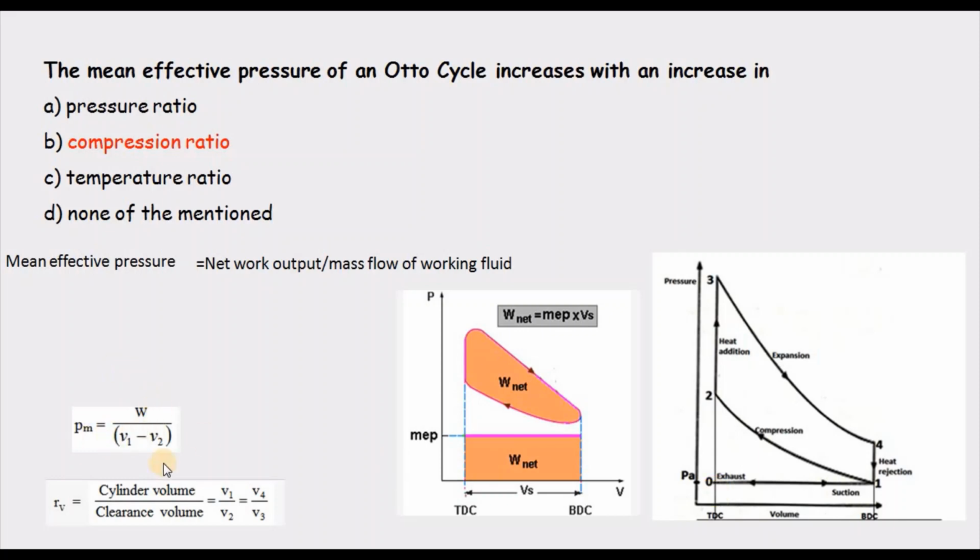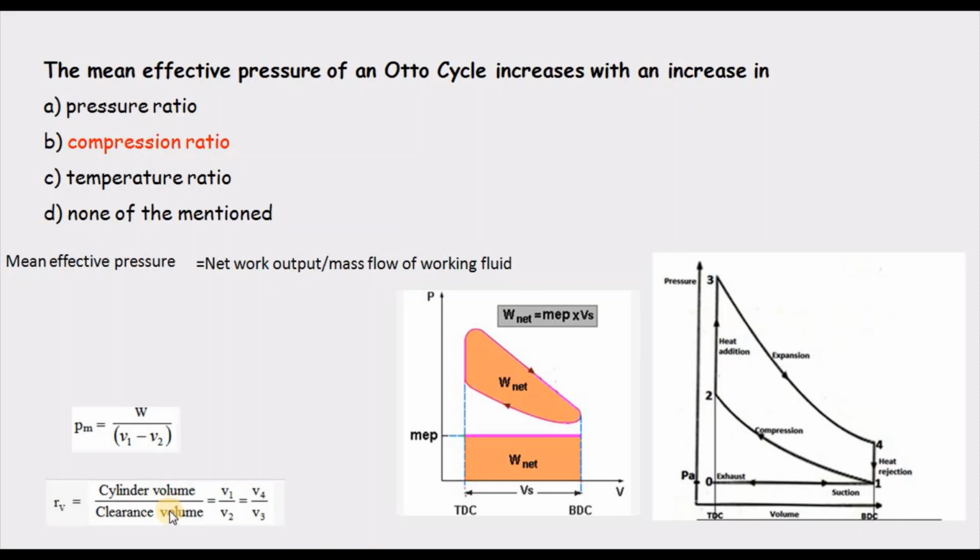Now, the pressure ratio is the ratio of the higher pressure to the lower pressure, and the compression ratio is V1 divided by V2, that is, cylinder volume divided by clearance volume, or initial volume divided by final volume.